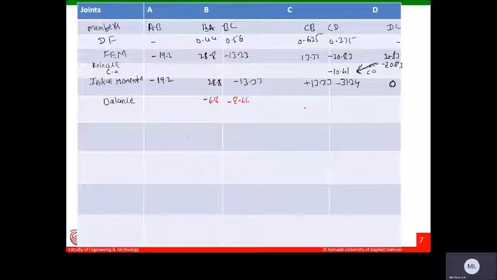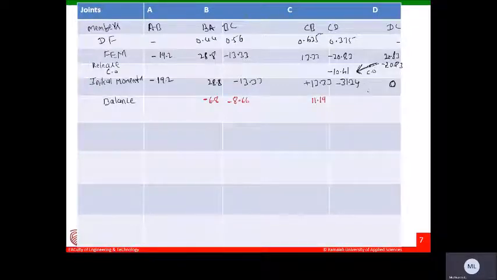Minus 17.91, multiply with 0.625, change the sign, write down the values. How much will you get? 11.19. Change the sign. Minus 11.19 you will get. Change the sign, write down the values. It will be 11.19.